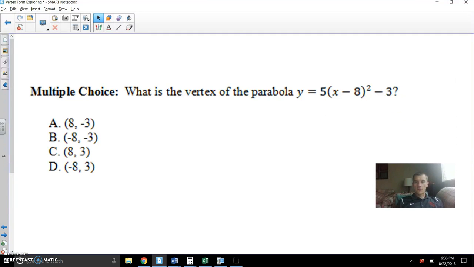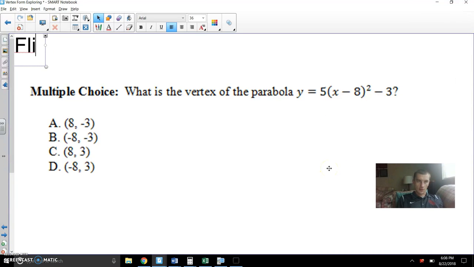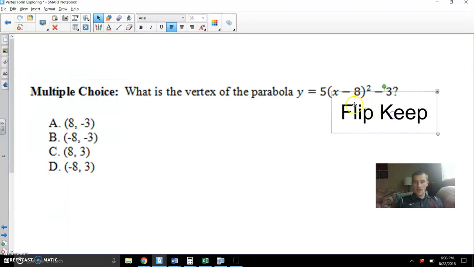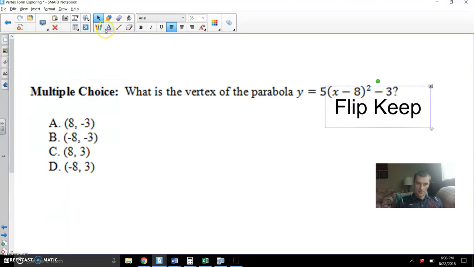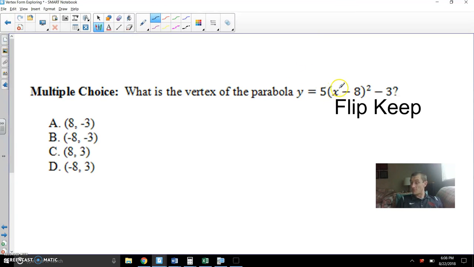Last thing, we talked about flip keep. Flip keep is a quick way to understand when you're looking at an equation. Sorry, I'm having some technical difficulty here. This sign for the first one is, again, kind of lying to you. The value that makes this 0 is not negative. It's got to be positive. So this value, we kind of want to change its sign.